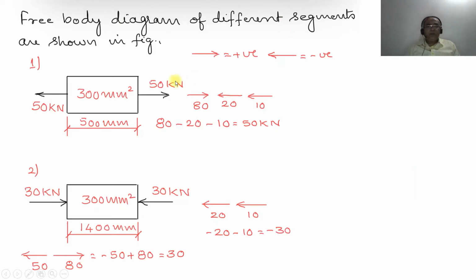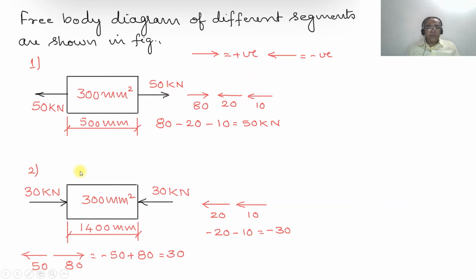Here the load acting towards the right side is considered positive and the load acting towards the left side is negative. So 80 minus 20 minus 10 according to the sign convention, 80 minus 30 will be equal to 50. Since it is a positive value, on this side also you have 50 kilonewton acting towards the right side.